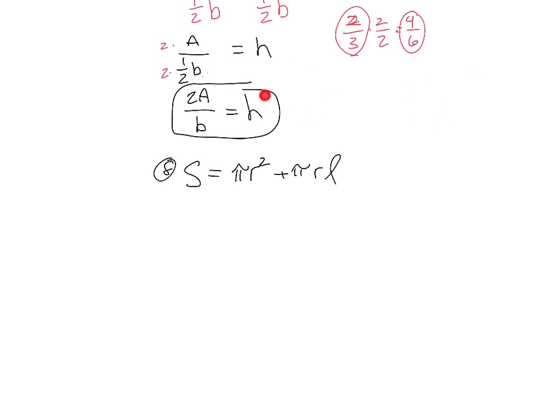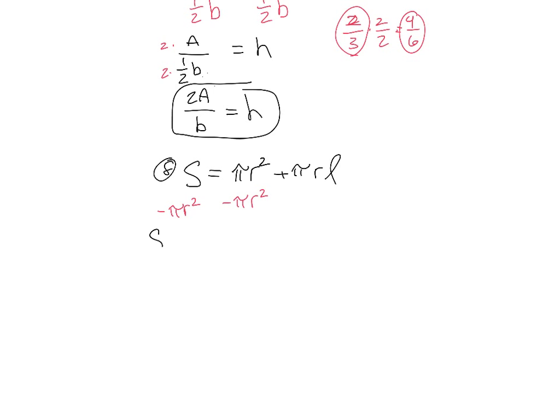So first thing we're going to do is get rid of this pi r squared term here by simply subtracting it. So we're going to subtract pi r squared on both sides.